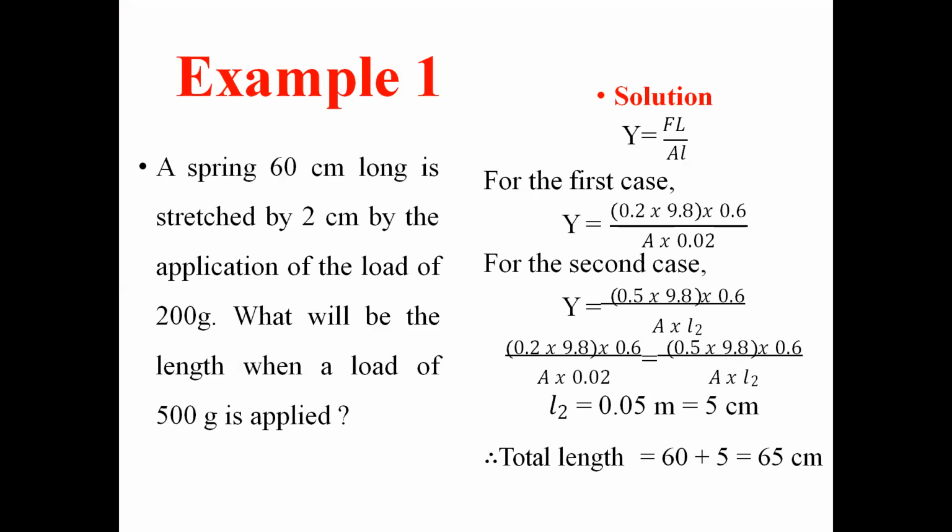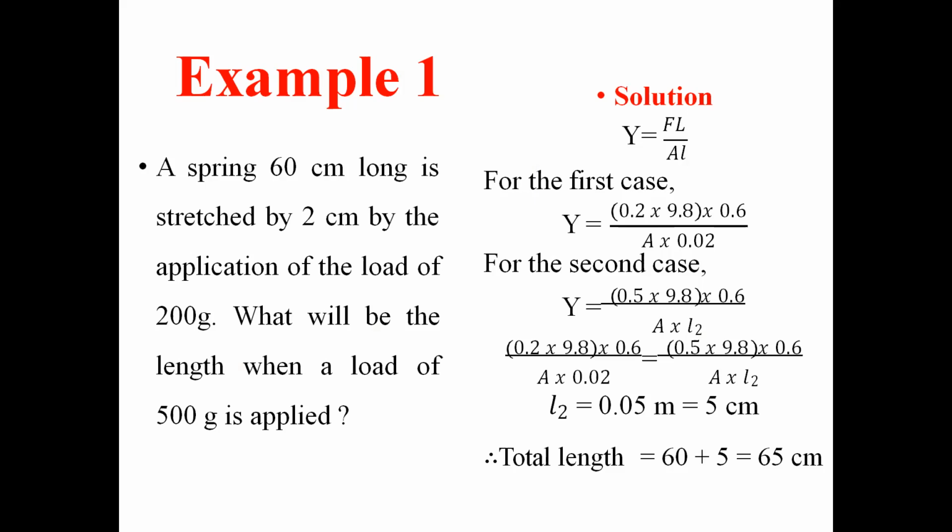Y equal to FL by capital A into small l. For the first case, Y equal to 0.2 into 9.8 into 0.6 divided by A into 0.02. That means F equal to 0.2 converts the force.